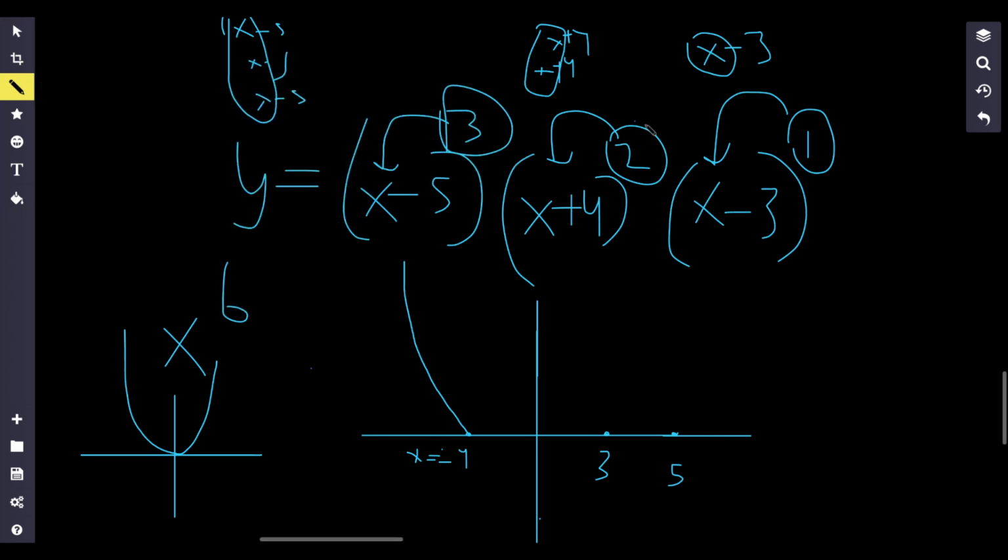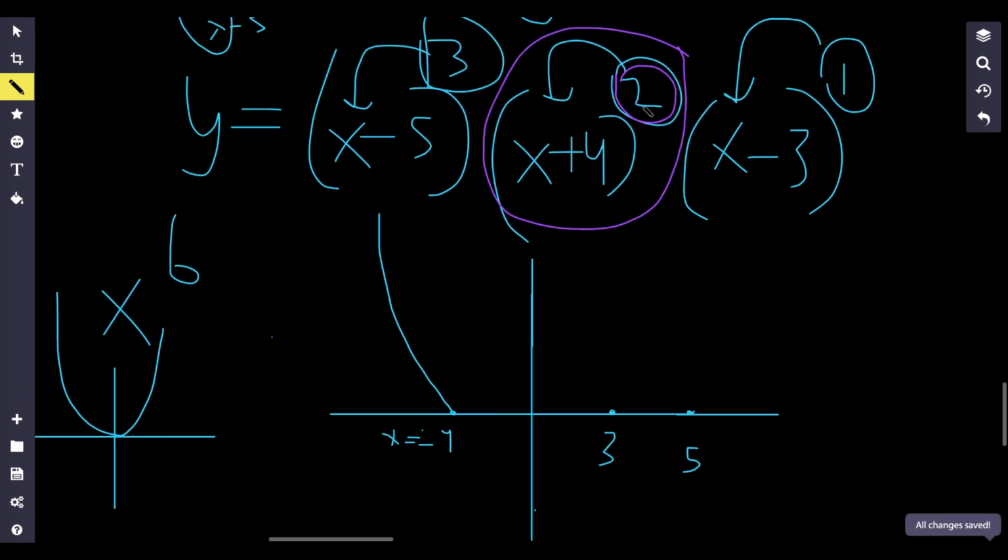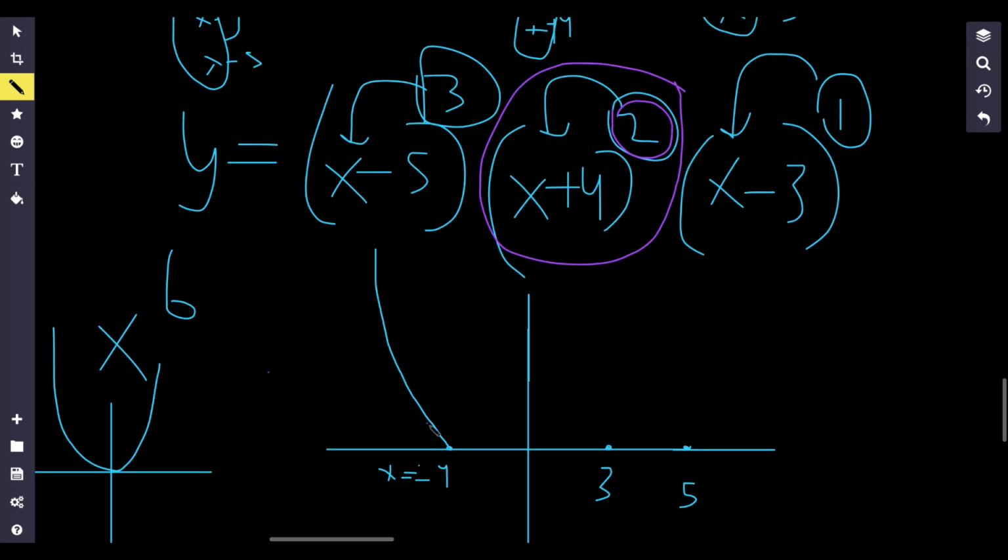If we have this root right over here in its factored form, x plus 4 to the 2nd power, we know that when the exponent is even, then we stay in the area that we were originally in. We do not cross the x-axis when the exponent is even, which means that this function is going to curve back up.